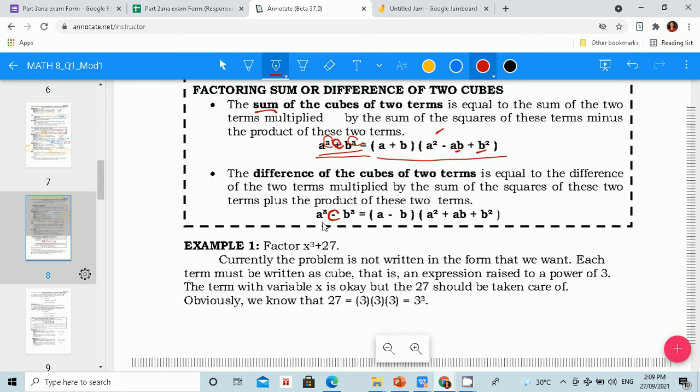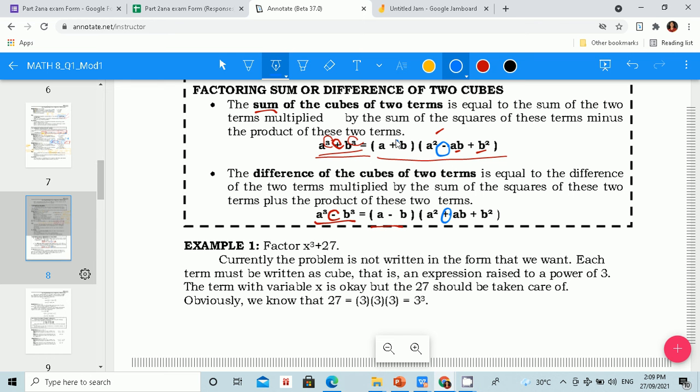So we will just copy a minus b, and then we multiply it with a square plus, okay, class, the only difference here are the operations. So we have plus ab plus b square. Look here, as you can see, here is negative, here is positive.